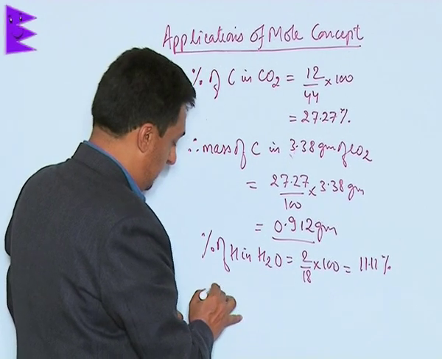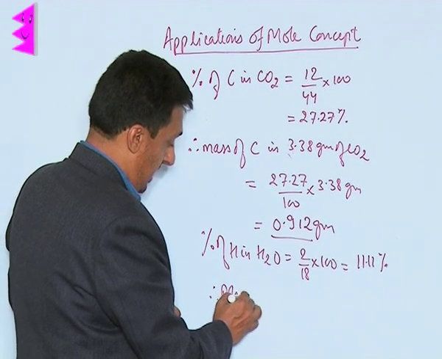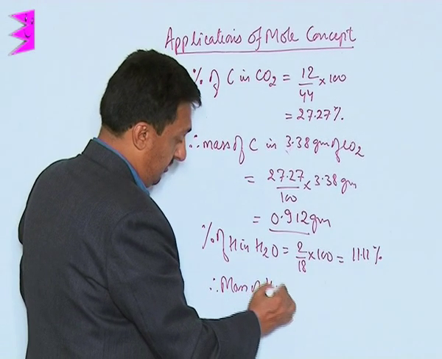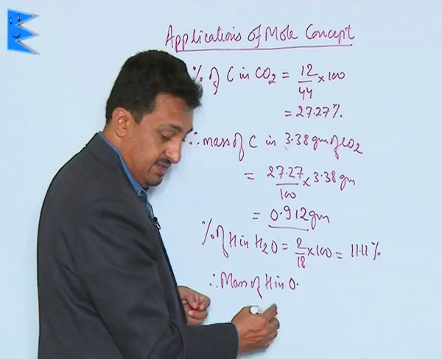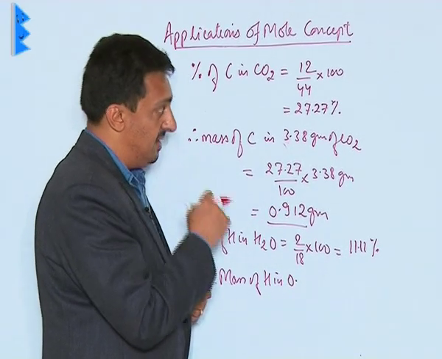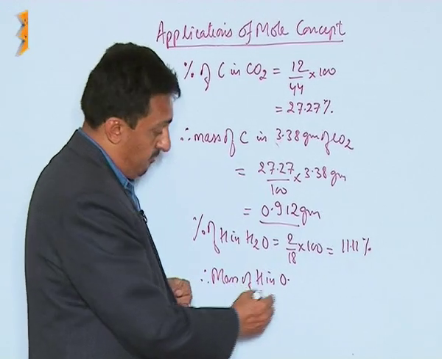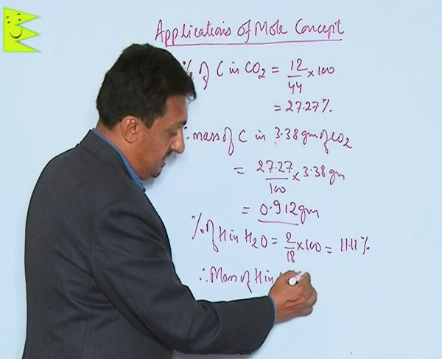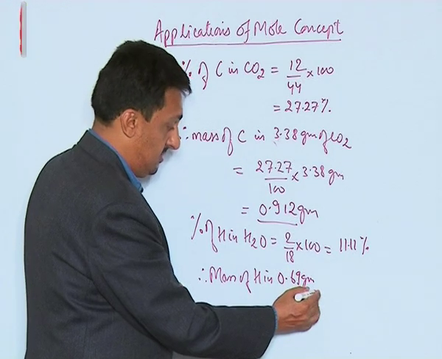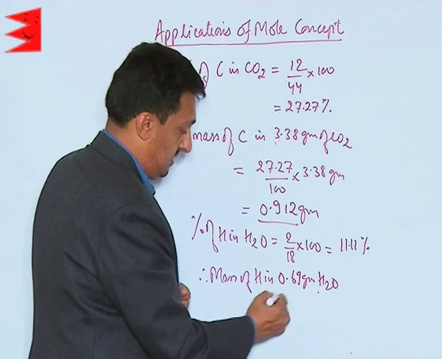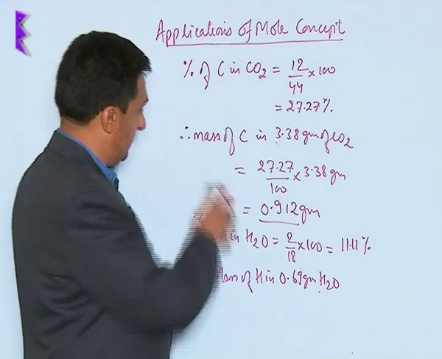So therefore, mass of hydrogen in 0.69 grams of water will be how much? We can find it out here.